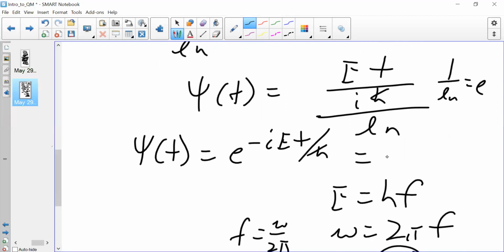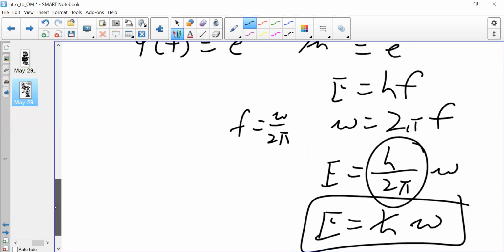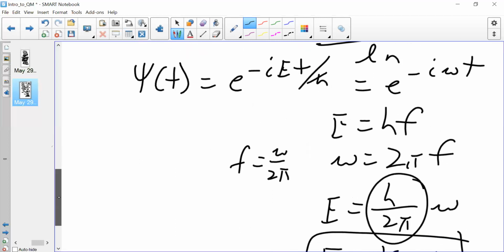We can write it like e to the minus i omega t, which is the typical form of writing this expression, and that comes out to be sine omega t. I always get those backwards, sine or cosine. That means sine omega t, which is equal to e to the minus i omega t.